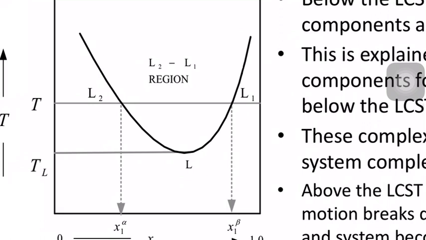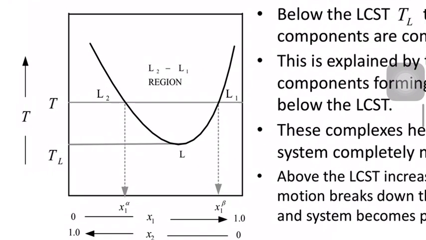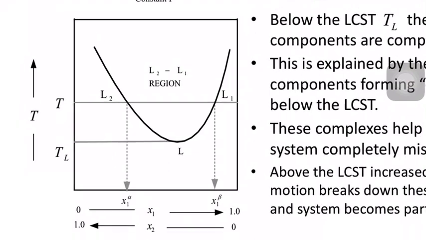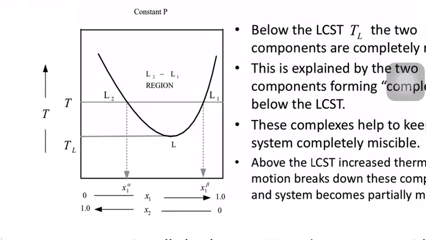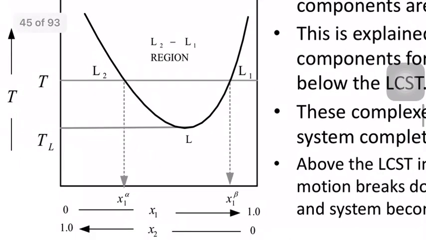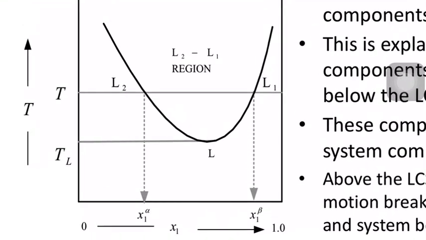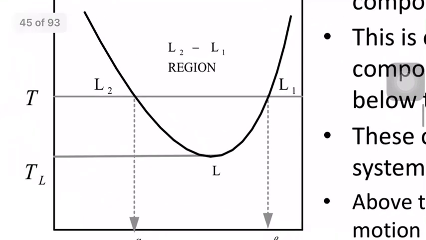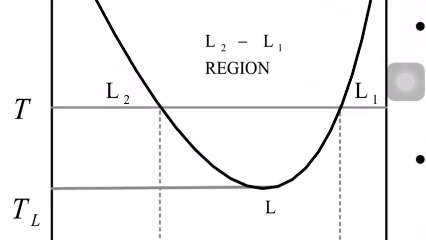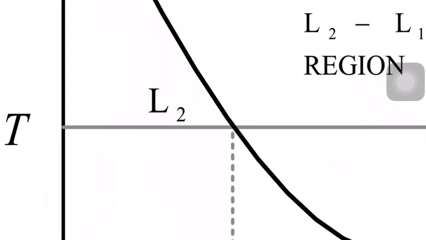If you select a temperature, for example this gray line, below the upper critical solution temperature, on this line from this point to this point, what happens to the compositions in both the alpha and beta phases? The hint is the degrees of freedom.